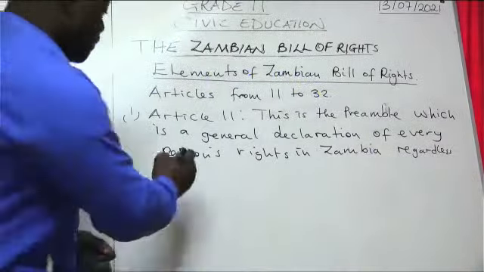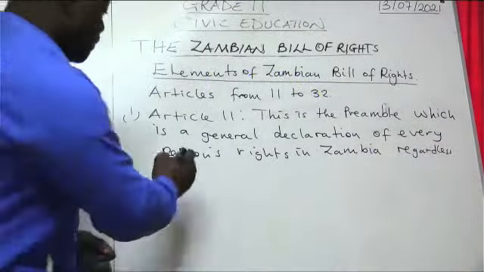It also gives government and individuals the obligation of preserving and protecting human lives. What are we trying to put across? We are saying that every person has got the right to live as a Zambian. So Article number 12 looks at the protection of human life. Are we together there?